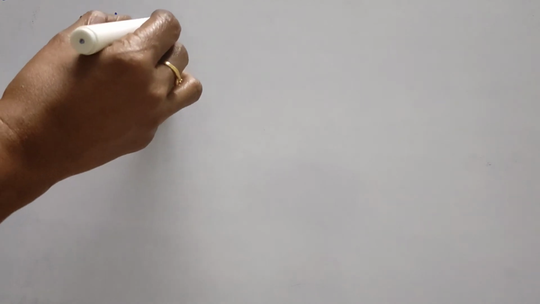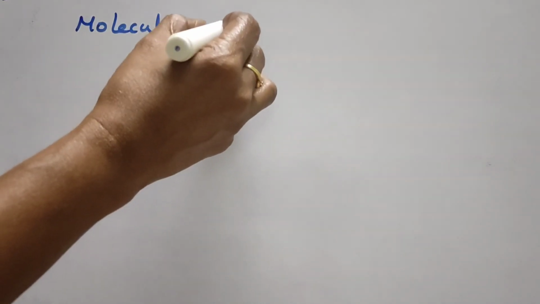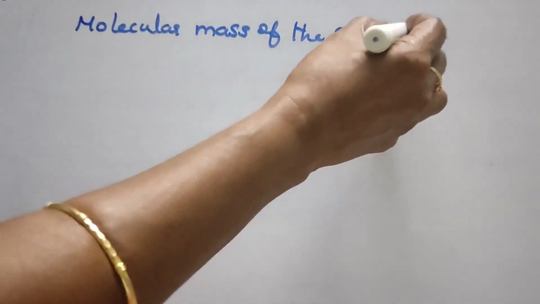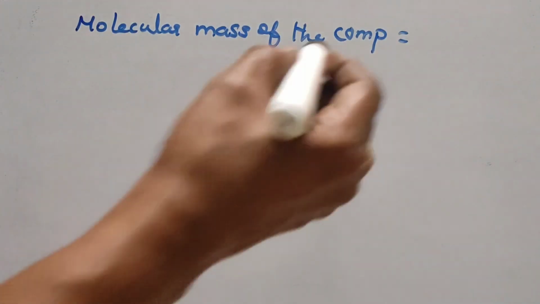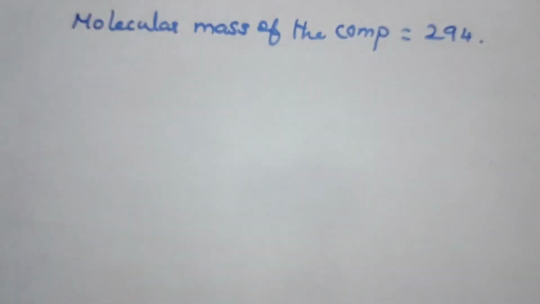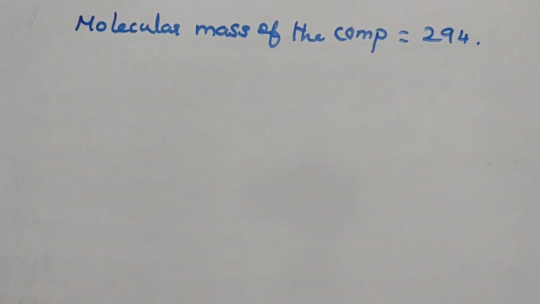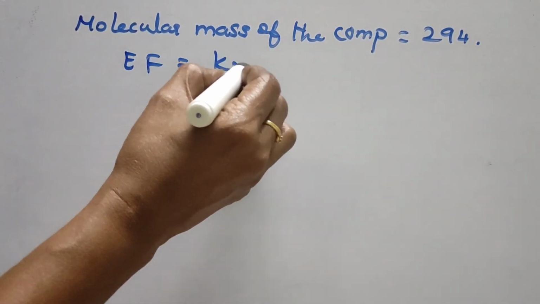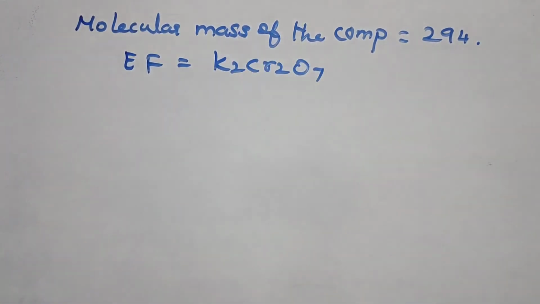In the previous sum, the molecular mass of the compound is given. We will take the same sum. The molecular mass of the compound is equal to 294. It is given, so from the given information we have to find the molecular formula. We have already seen the empirical formula is K2Cr2O7.